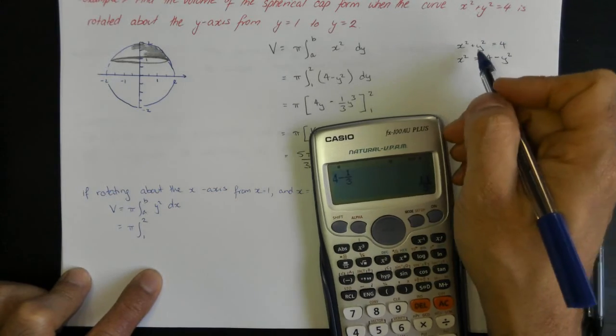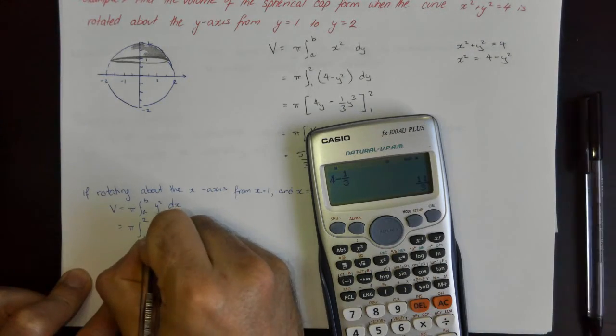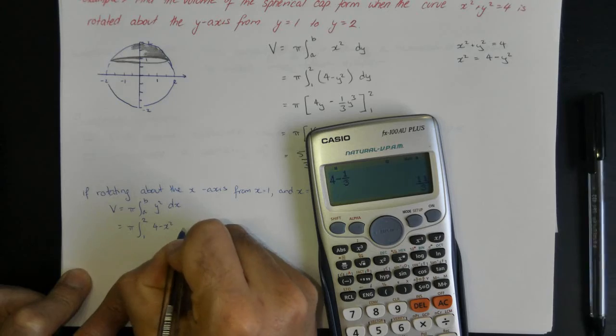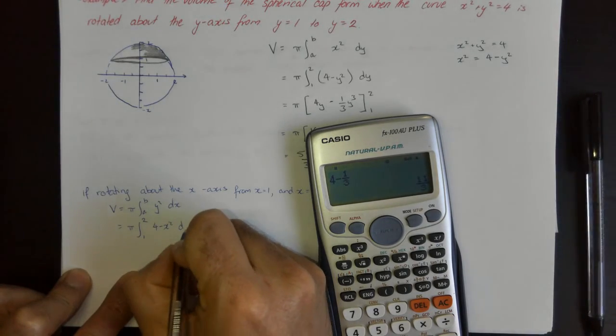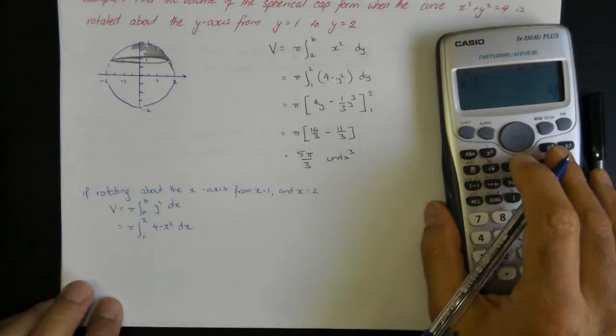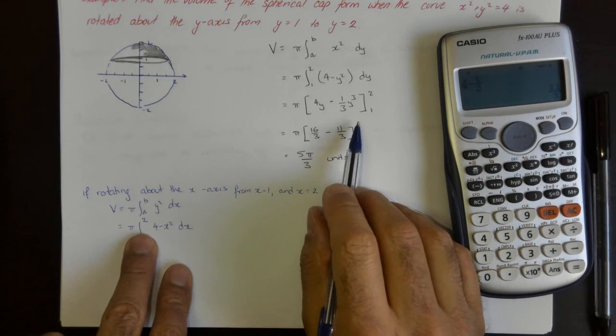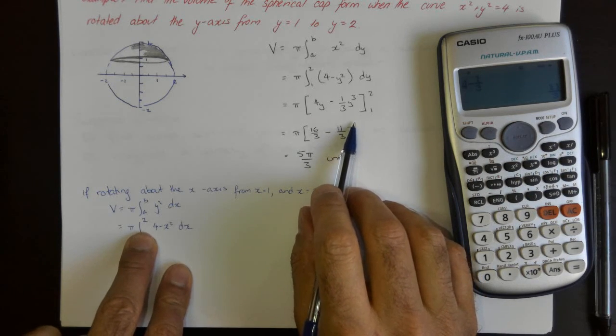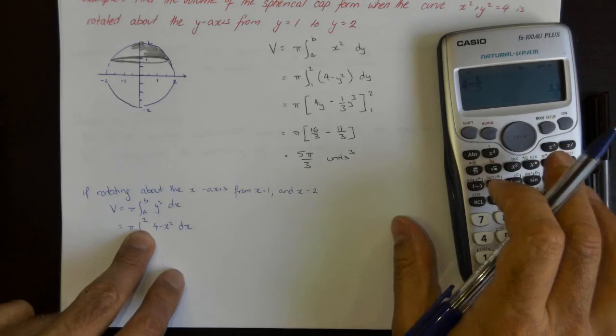Y squared is just 4 minus x squared. And you'll notice that we'll get a very, very similar situation because of it being a sphere.